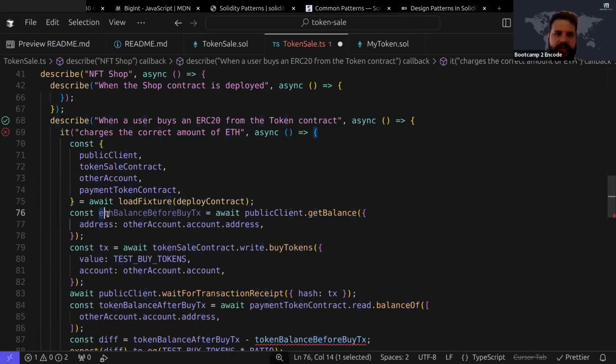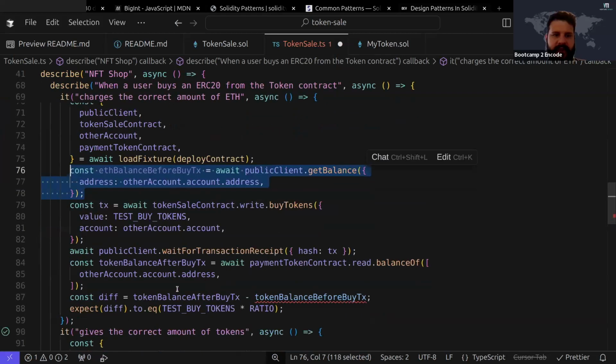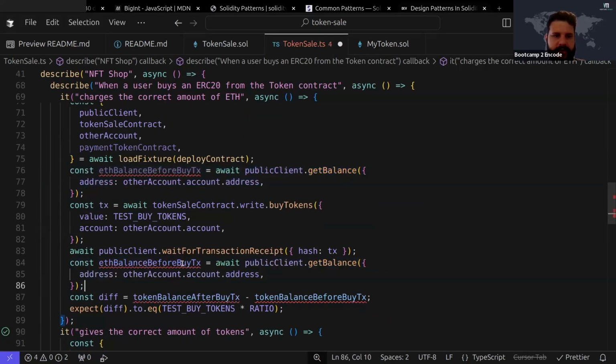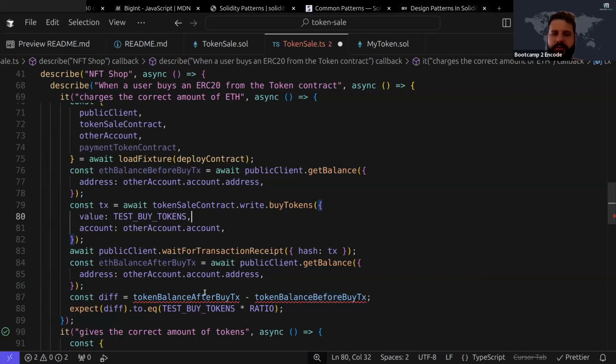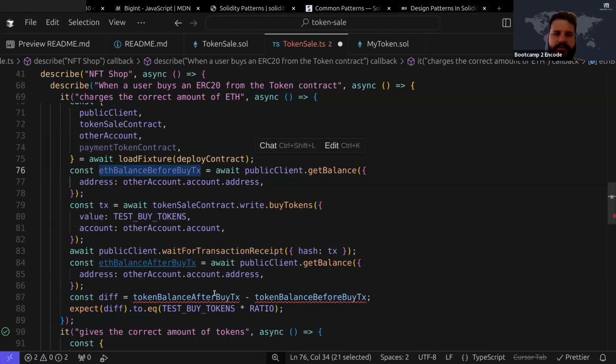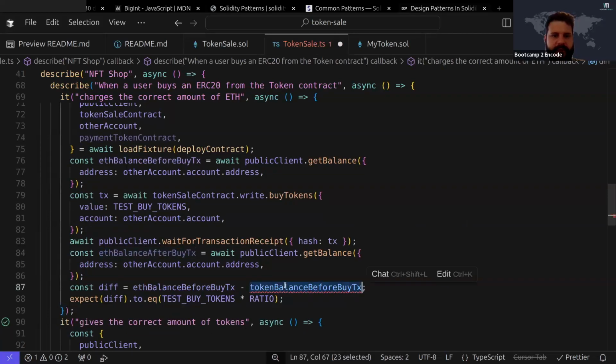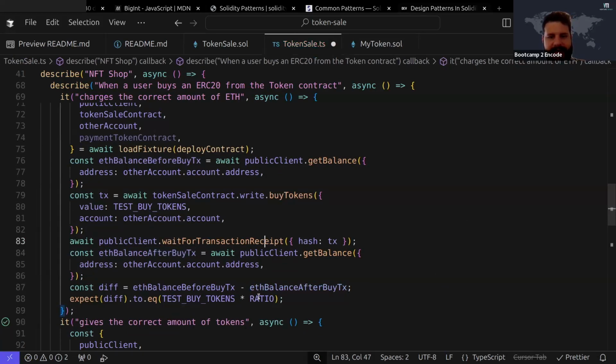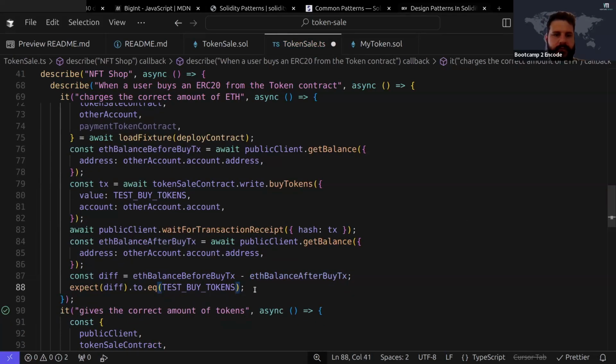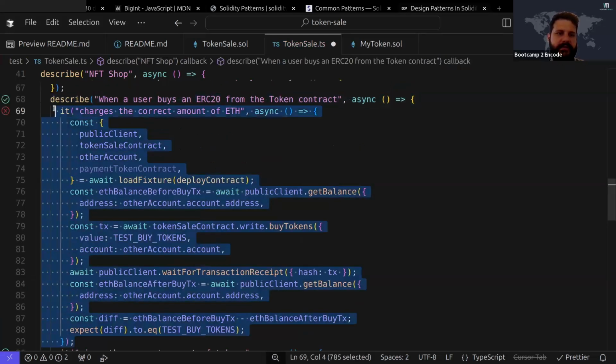So this is going to be the ETH balance before buy transaction. The ETH balance after the buy transaction. Okay, and I'm going to do the ETH before minus the ETH after. And I expect this difference to be equal to the amount that I'm sending, right? We copy this test scenario for you.